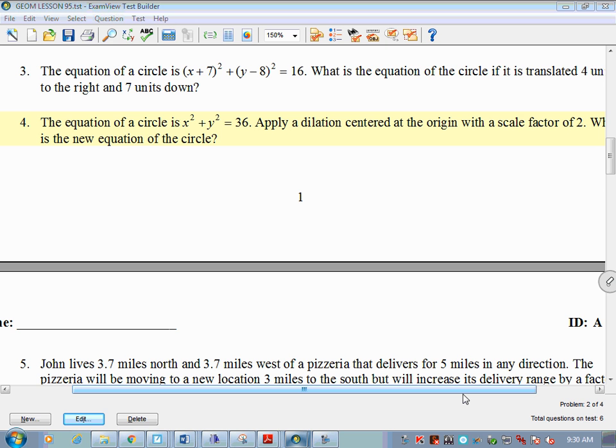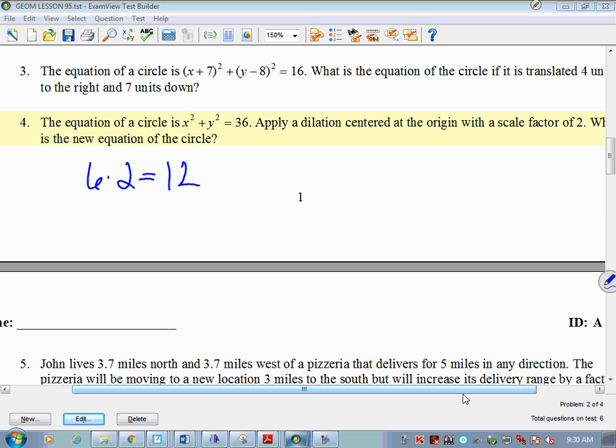All right, number 4. The equation of the circle is x squared plus y squared equals 36. Apply a dilation centered at the origin with a scale factor of 2. What do I want to do with 36? Square root it. The square root of 36 is 6. What do I want to do with 6 now? Multiply by 2, because 2 is my scale factor. What's 6 times 2? 12.